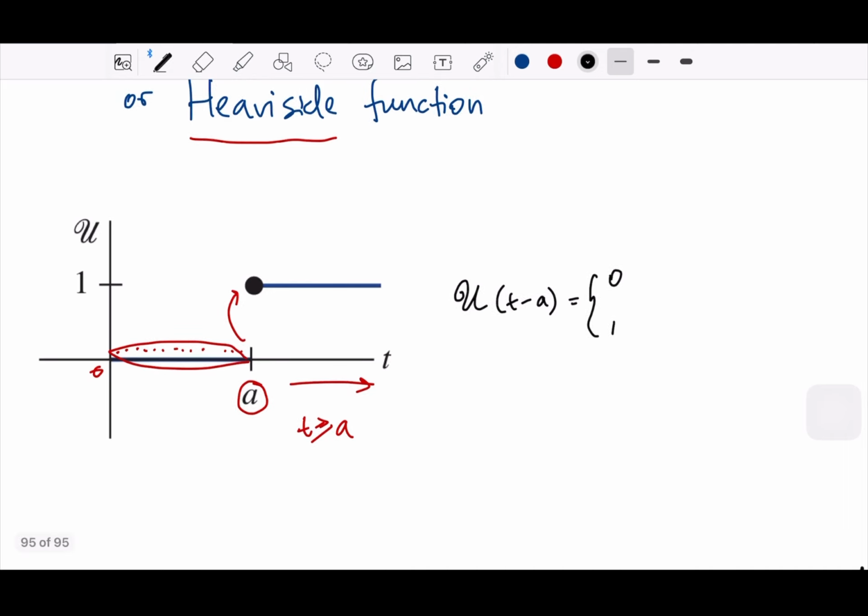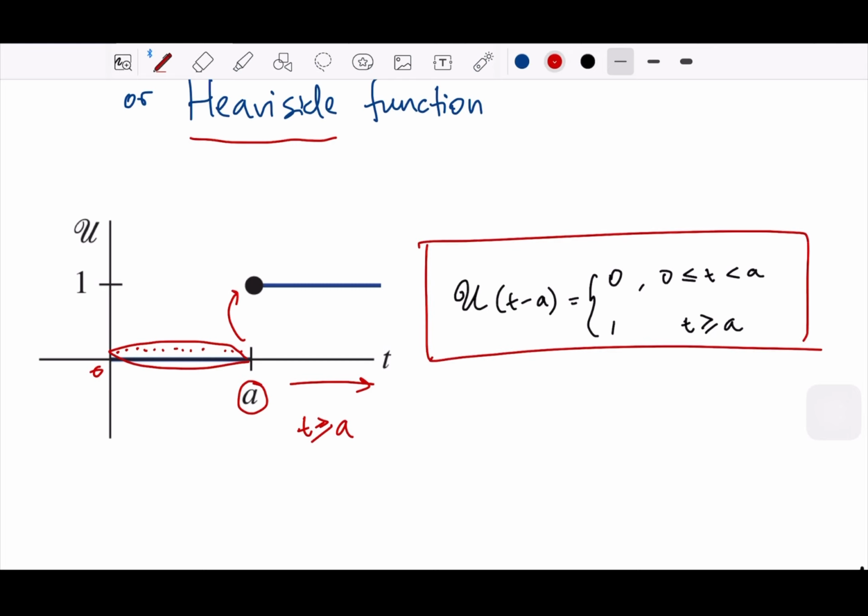It equals 0 if the interval is from 0 to A, but not including A, and it equals 1 if t is greater than or equal to A. This will be the definition for the unit step function.